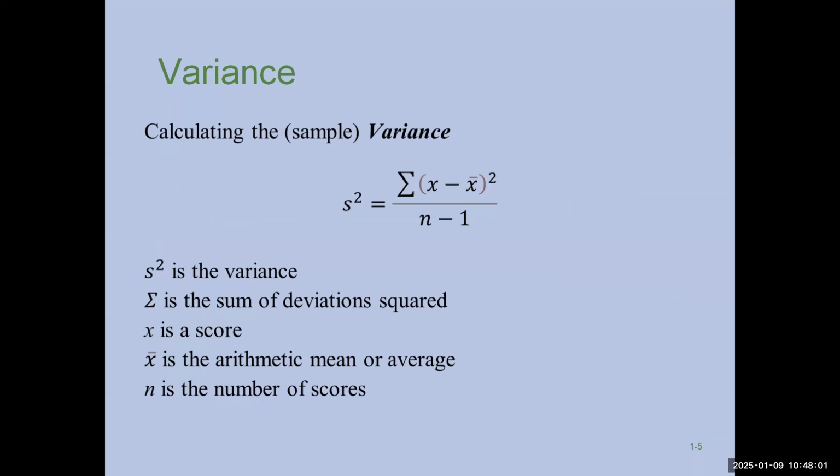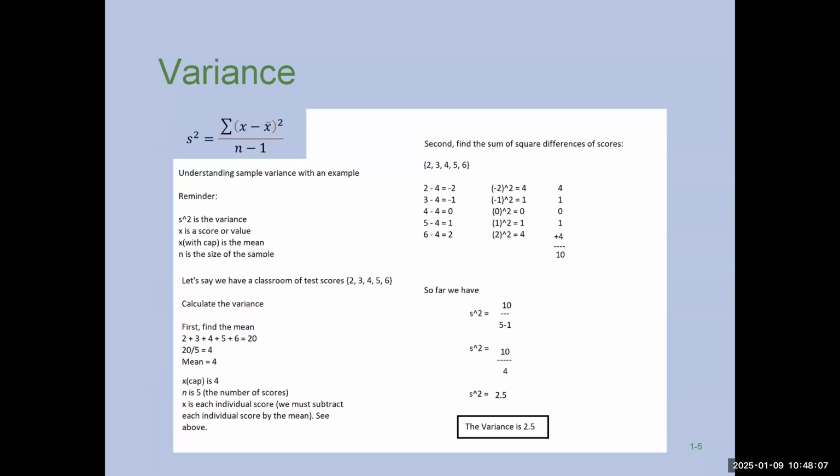N-1 is the total number of subjects minus 1. That is sometimes we go for looking at the degree of freedom. And this is the total data set: 2, 3, 4, 5, 6.